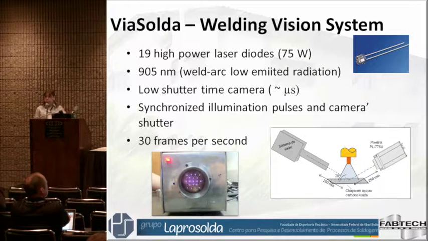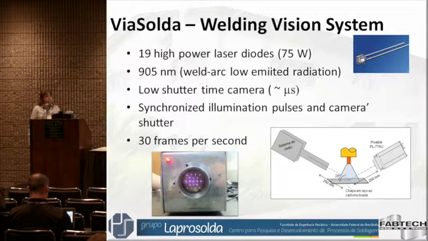We developed, from 2009 to now, a prototype we call ViaSolda. It's a joke on "See the Weld" in Portuguese. It's a welding vision system where we use high-power laser diodes to illuminate the area of interest in the spectrum of 905 nanometers, which is near infrared.